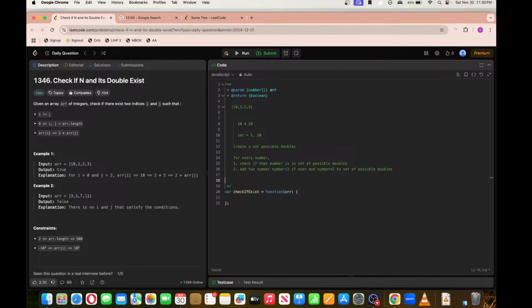So let's code. If it is in the set, then return true immediately, or if it is not, then just add it.